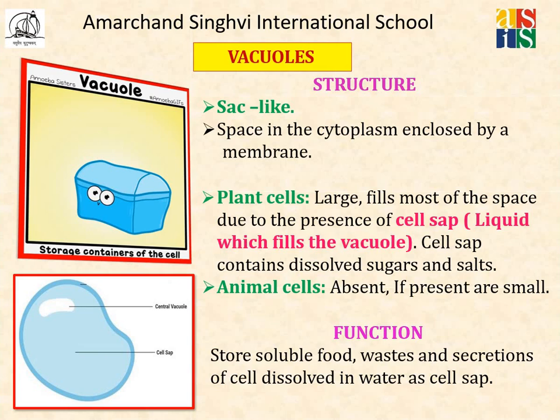Cell sap consists of dissolved sugars and salts. In animal cells, either the vacuoles are absent, or if they are present, then they are much smaller in size. The function of the vacuole is to store the soluble food, waste material and secretions of the cell dissolved in water as cell sap.